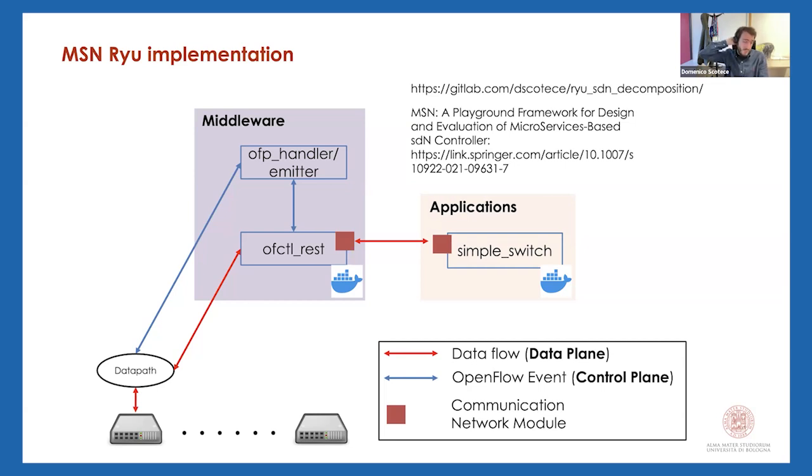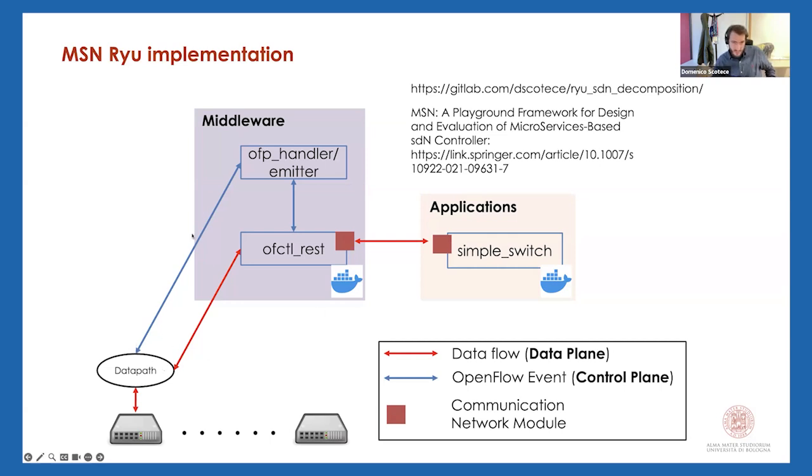What we did in this project, the main idea, is to isolate the core part of the SDN controller, because Ryu works with OpenFlow and is an event-driven SDN controller. The idea is to intercept an event, because it's OpenFlow.